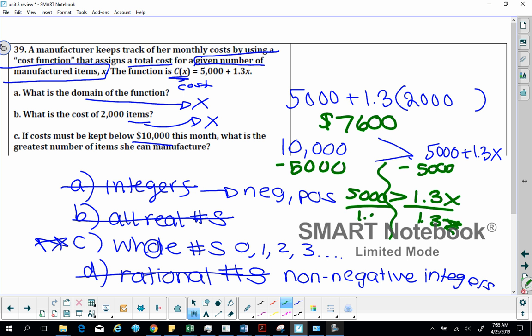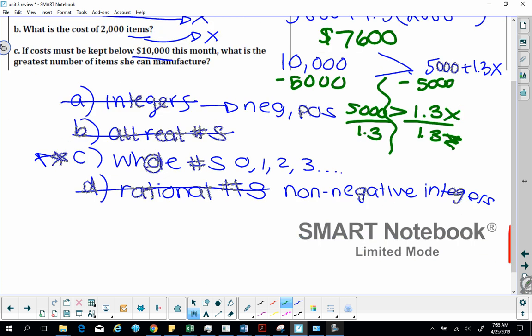Divide by 1.3. What answer do you end up getting? Can you say it louder?